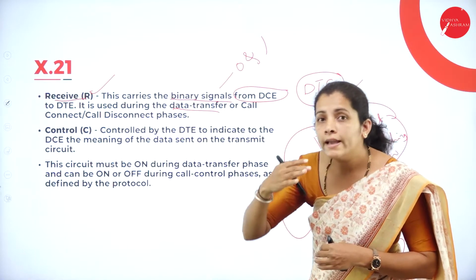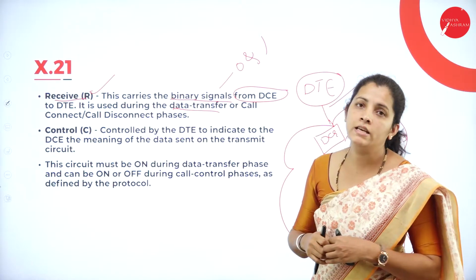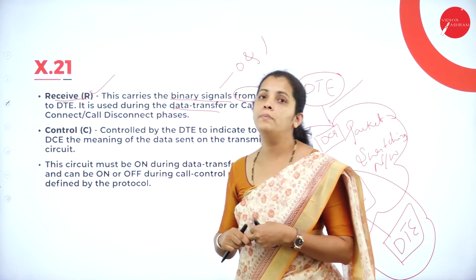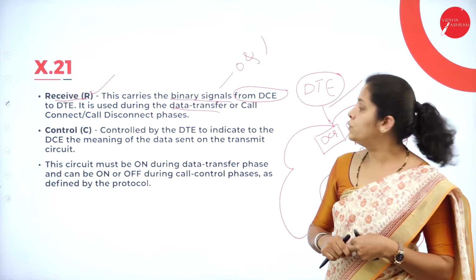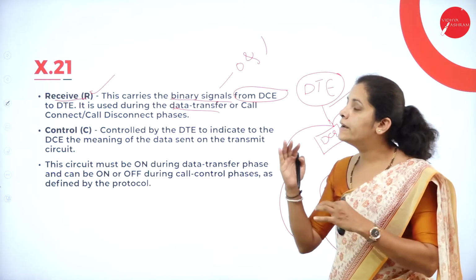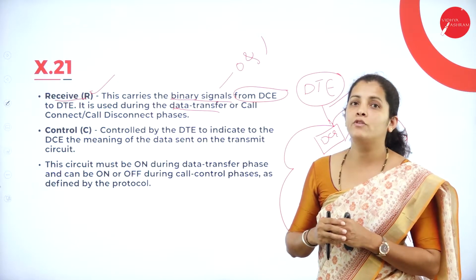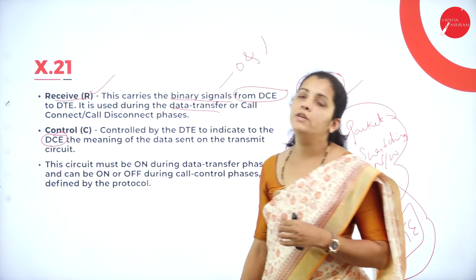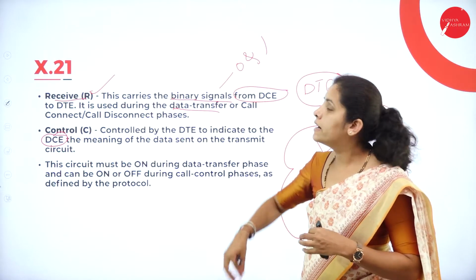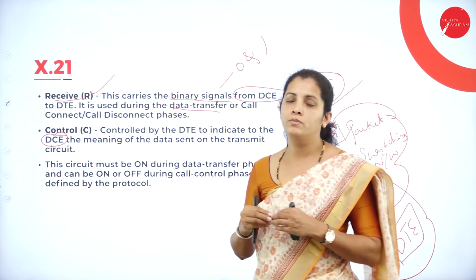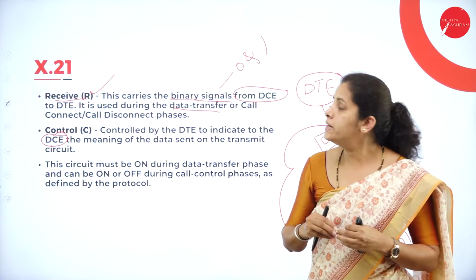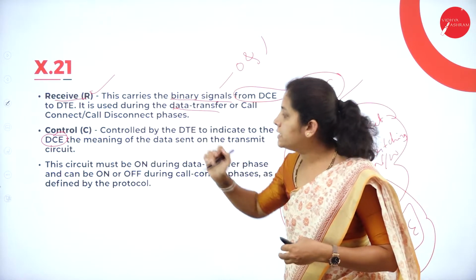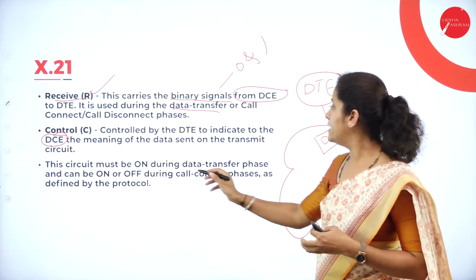But another type of signal used here is control, C, and it is controlled by the DTE to indicate that the data is transferred from DTE to DCE. It is mainly used to indicate that the data is transferred from data terminal equipment to the data connection equipment, and this bit is on during the data transfer.